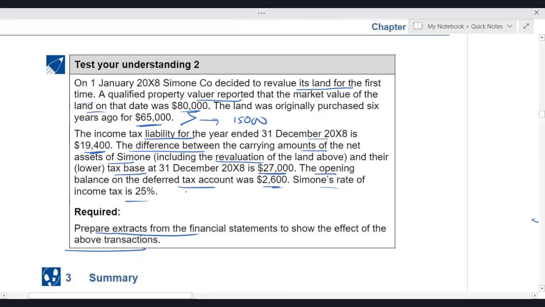Let me repeat the same concept which we have just discussed. Students, if deferred tax arises from revaluation surplus, then simply it will be charged to revaluation.